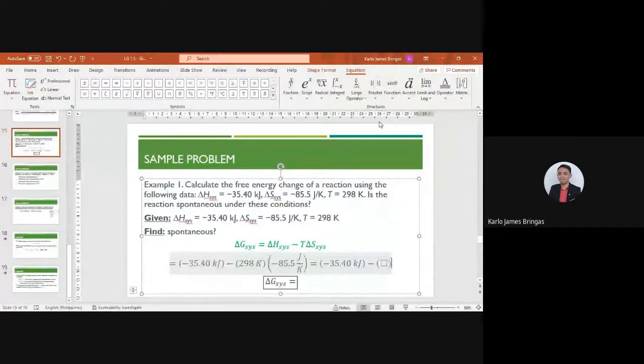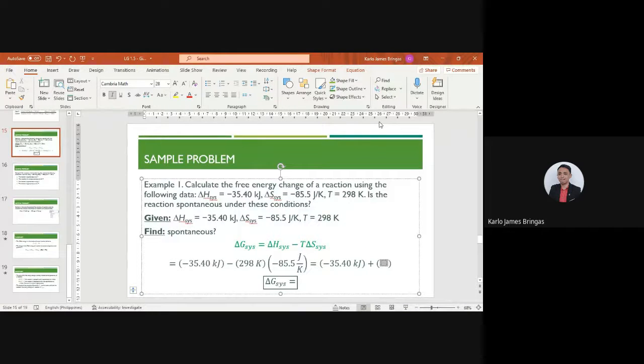So 298 minus 85.5 gives me now a value of, this becomes positive in value by the way, since negative na delta S times this one gives me a positive value. So this is now equal to 25,479 joule.